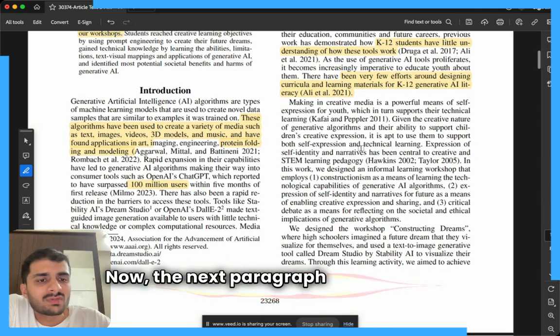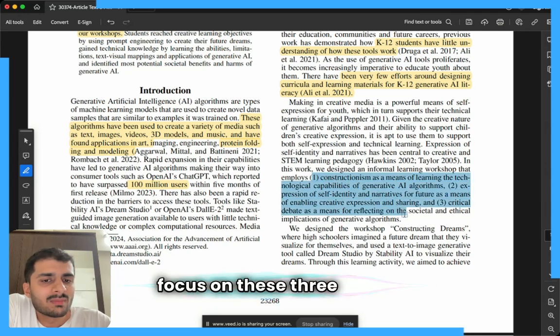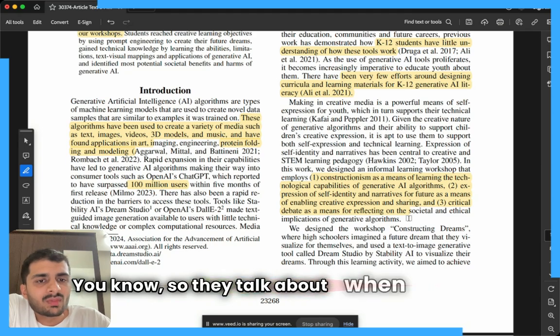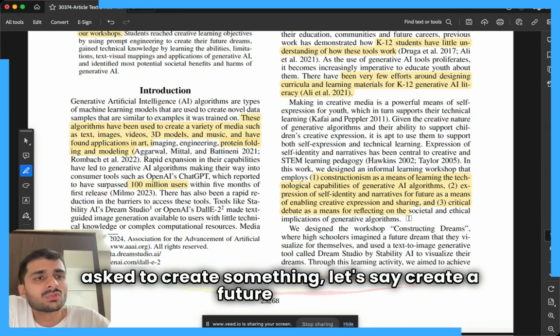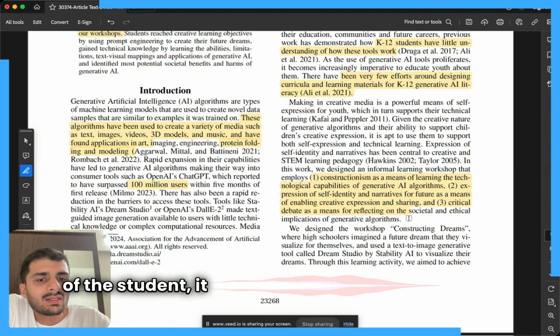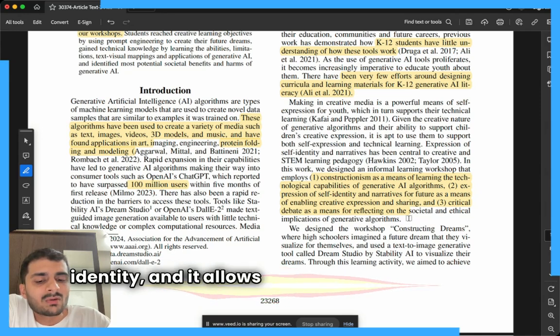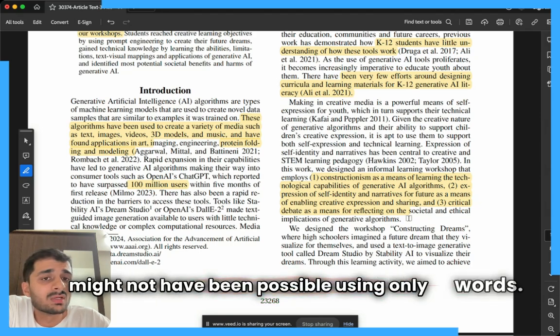Now, the next paragraph is particularly fascinating for me because there are a number of things which the authors mention here. Firstly, I would like you to focus on these 3 points. So they talk about when a student is asked to create something, let's say create a future version of the student, it allows them to express their self identity, and it allows them to share something which otherwise might not have been possible using only words.